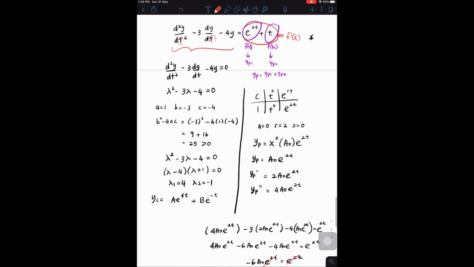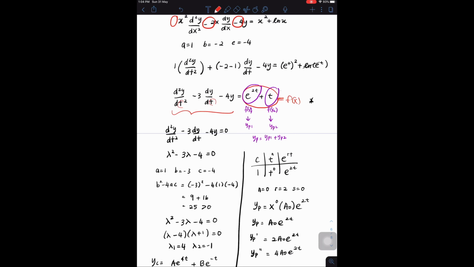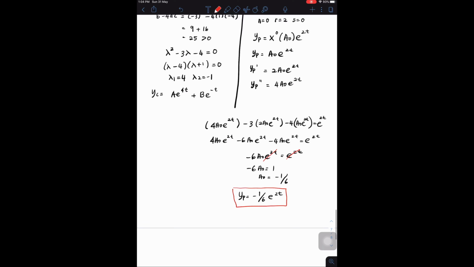Okay, so let's solve for the second f(x) here. Your second f(x) is t. We do the same process. We compare t with c t to the power of n e to the power of rt. So our c is still 1.